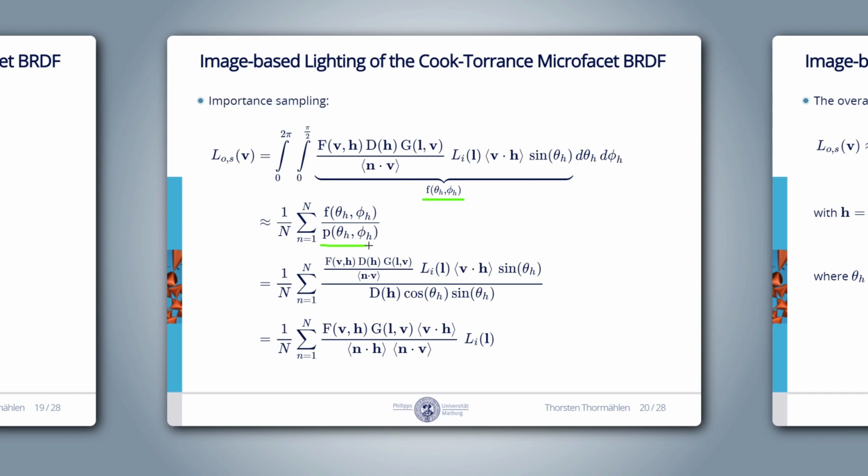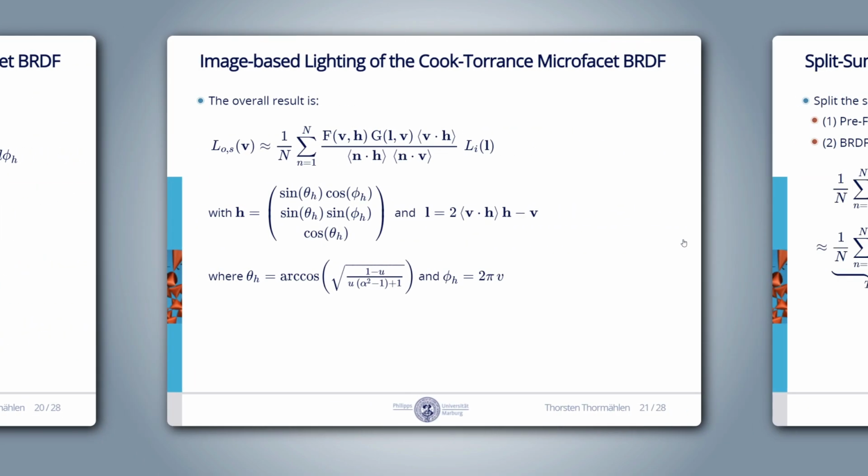We use our chosen PDF, D of h cosine theta h sine theta h. Again, some terms cancel each other out. In the denominator we have n dot v and cosine theta h, which is equal to n dot h. And on top we have F times G times v dot h times Li of l.